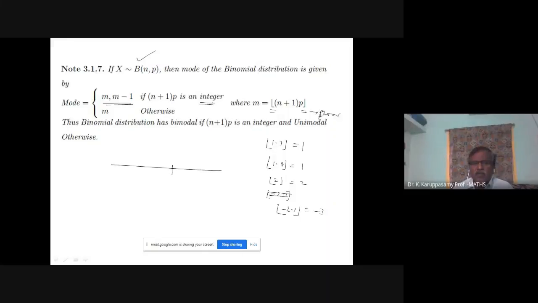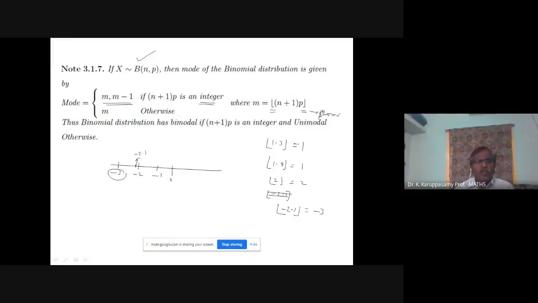This is 0, this is minus 1, this is minus 2, this is minus 3. On the negative x-axis side, your values are minus 1, minus 2, minus 3. Minus 2.1 will be at this place. So the integer below minus 2.1 is minus 3. Minus 3 is the floor function.